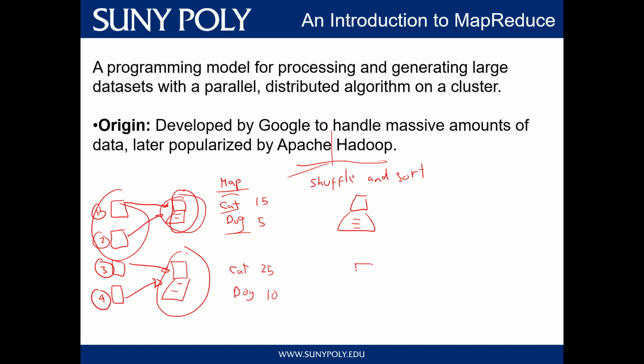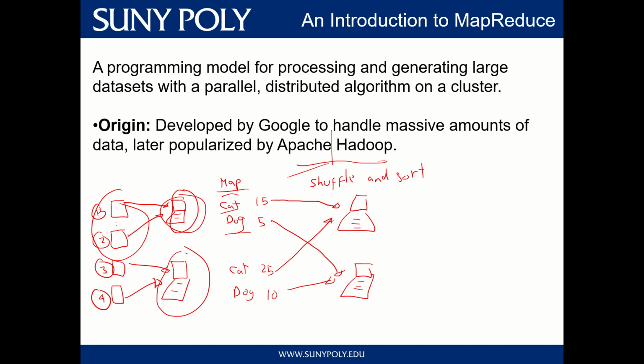So this is one machine, and it's another one. For the first one, in the shuffle and sort, we send, of course, the same words, for example cat and cat, and to the second one, dog and dog.